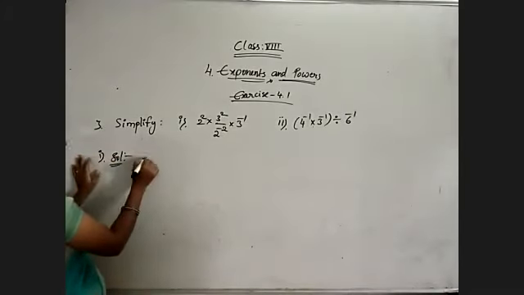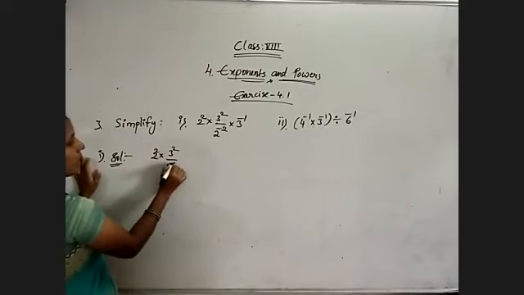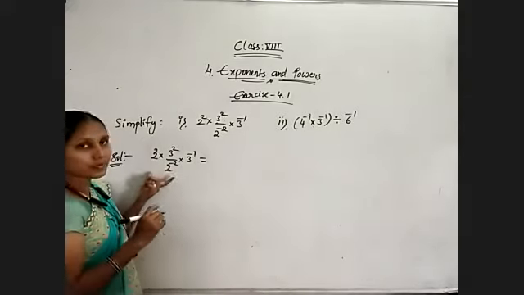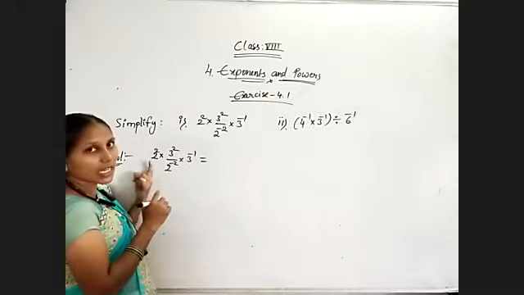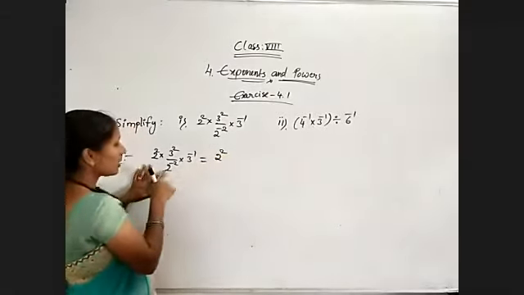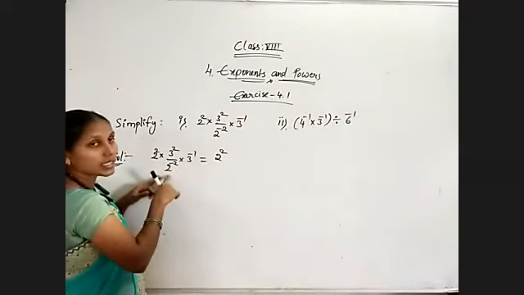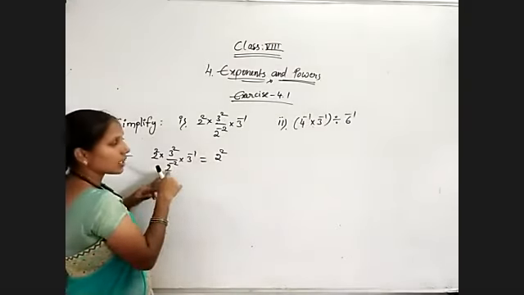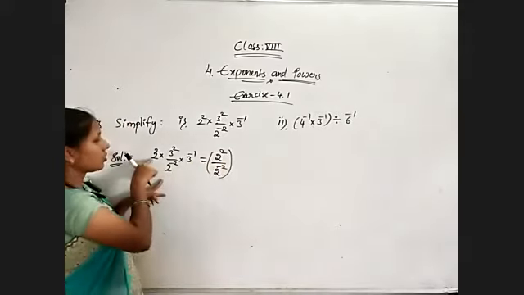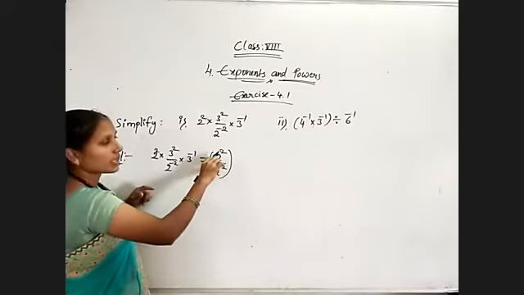First problem solution. 2 square into 3 square by 2 power minus 2 into 3 power minus 1 is equal to, first of all, whichever numbers have equal bases, combine them. 2 square and 2 power minus 2 both have base 2.